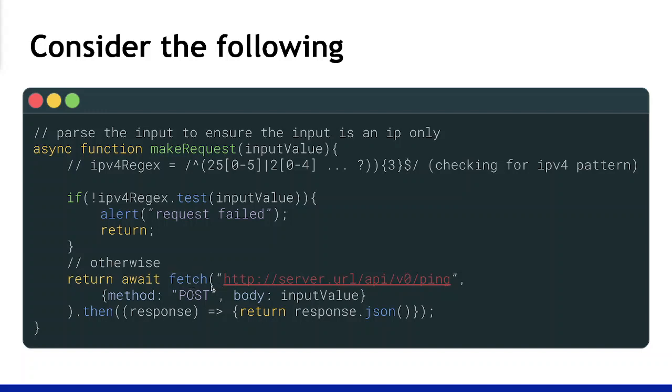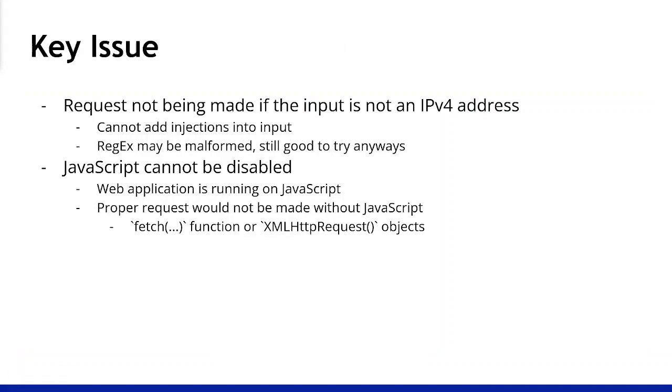What that does is the JavaScript itself makes the request for the user, so it overrides the default system for making requests. So in this case, if we turn off JavaScript, then this fetch command will never run, and therefore the request that we're trying to make will never occur.